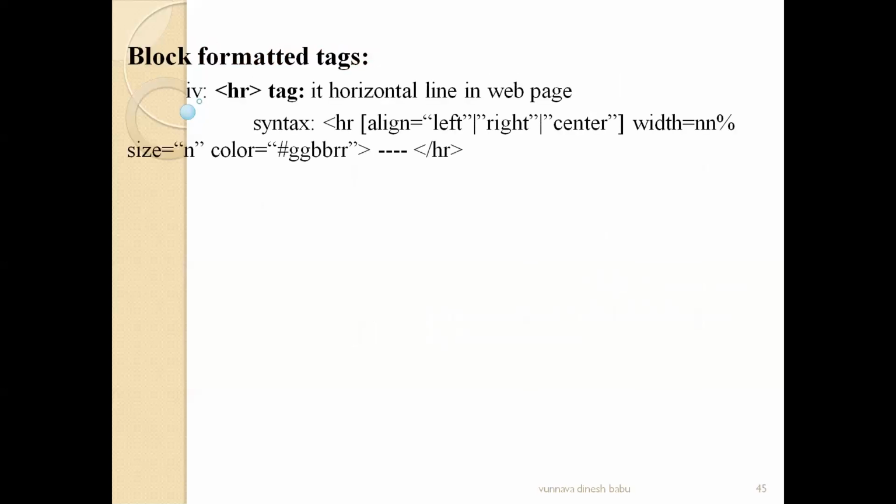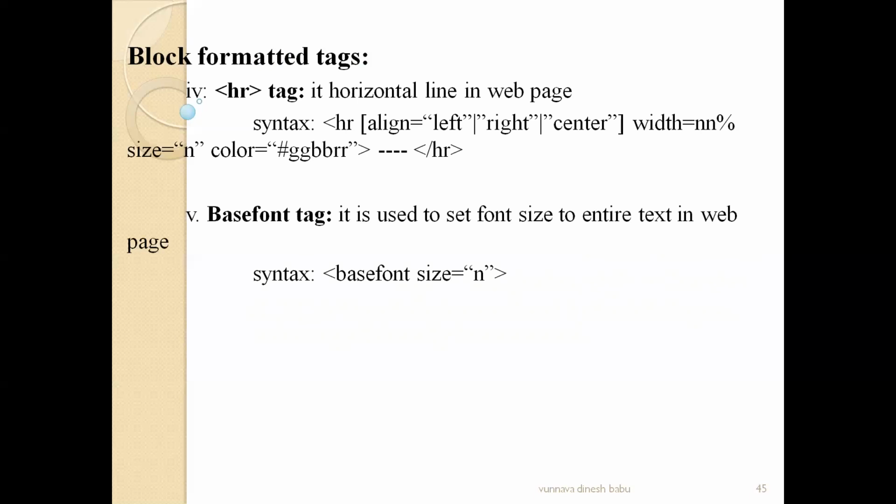And then HR. It is used to write a horizontal line in a web page. And then the base font tag. We already discussed it in the first session. Basically, the text represented by using a paragraph tag or some other tags has a default font size.